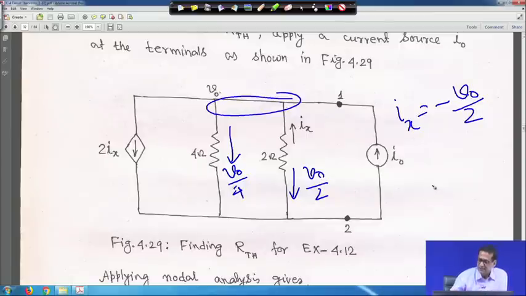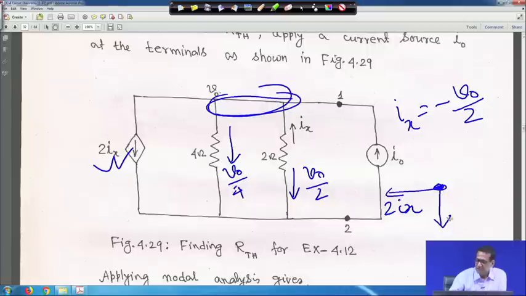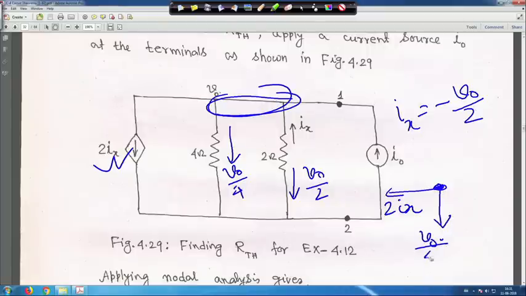If you think that this is the node, then this 2 Ix current is coming out from this node, since we are applying KCL here at the common node. Another current, V0 by 4, is also leaving this terminal. We know Ix is equal to minus V0 by 2, and Ix is entering this node, and this I0 current is also entering here.